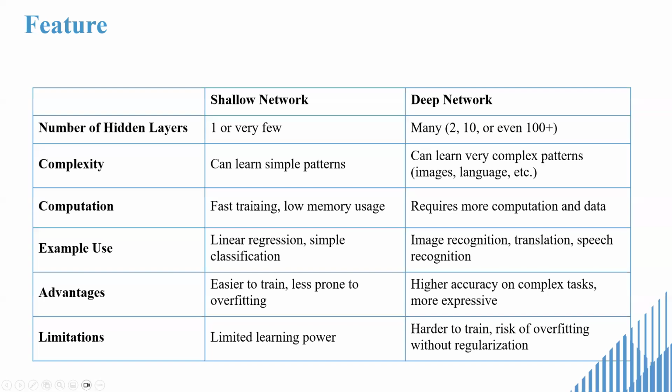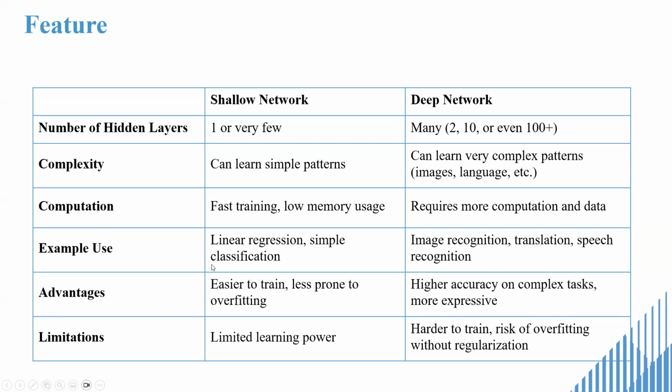And computation is fast because you are using only one hidden layer, so it should be very fast training and low memory usage, but it requires more computation and data. As I said, you might need a GPU, a graphical processing unit, for your deep learning project.